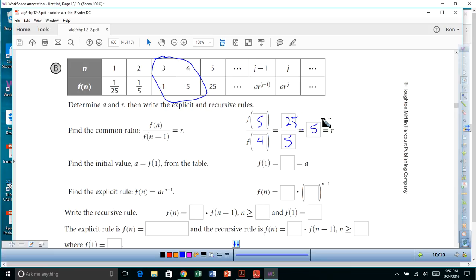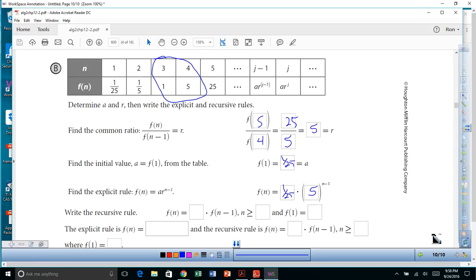Find the initial value a equals f of 1 from the table. Well, f of 1 equals 1 over 25. And that's your a. Find the explicit rule f of n equals a times r to the n minus 1. So f of n equals 1 over 25 times 5 to the n minus 1.